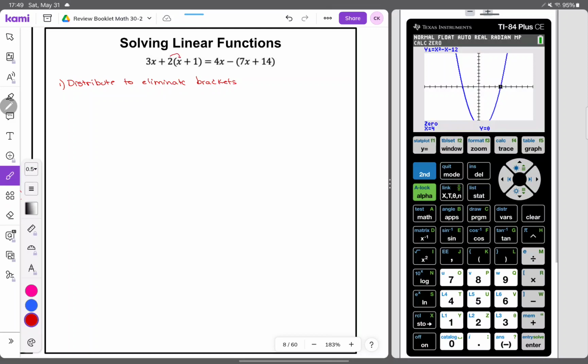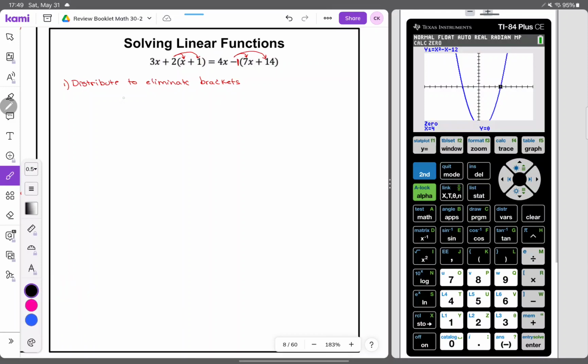So that means I'm going to take this 2 and distribute it into both of those terms. Remember, there's a -1 here, and we're going to distribute that to eliminate the set of brackets over here. So that's going to leave me with 3x plus 2x plus 2 equals 4x minus 7x minus 14.